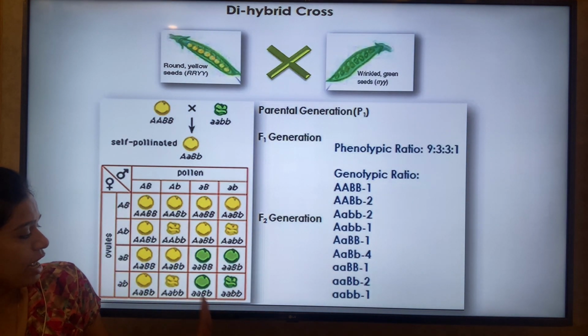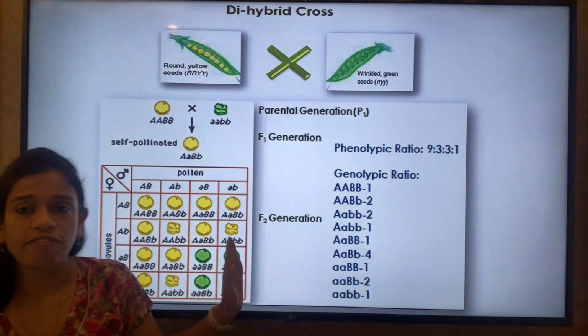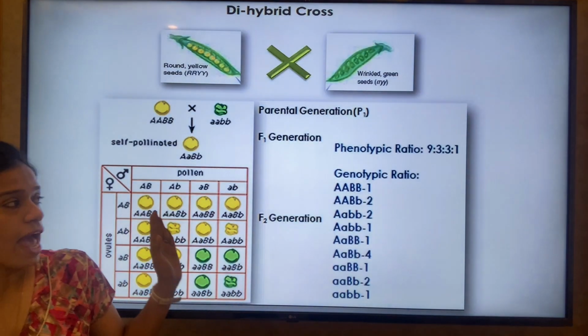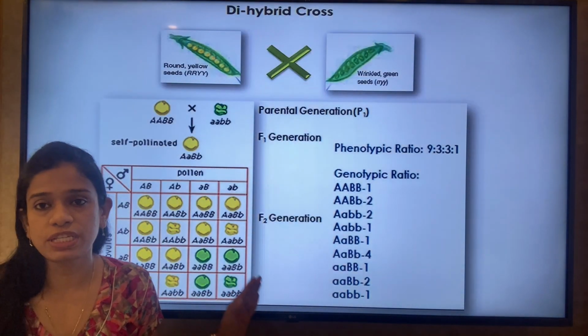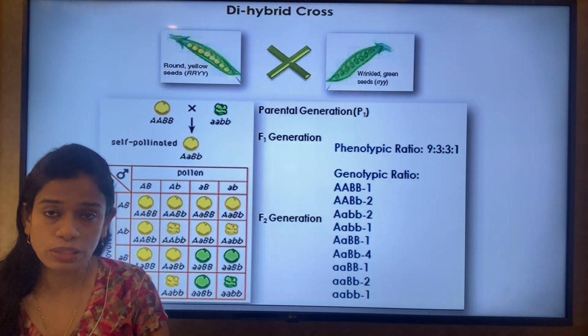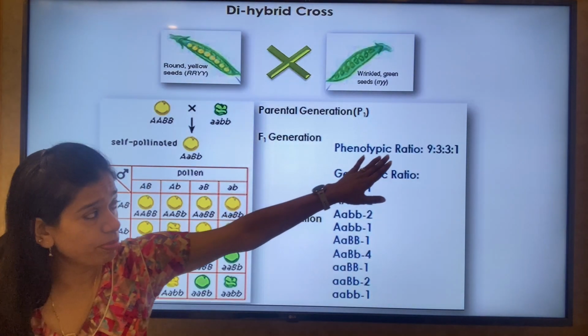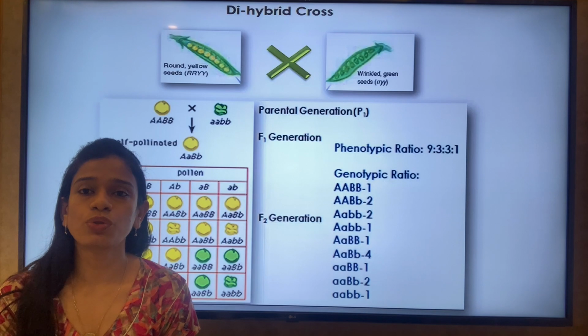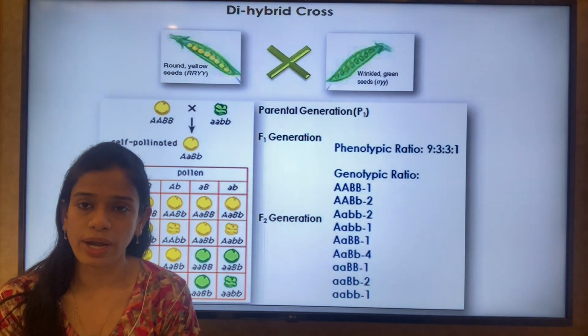If you see the genetic constitution and phenotypically what it looks like, we can tell the phenotypic ratio is 9:3:3:1.